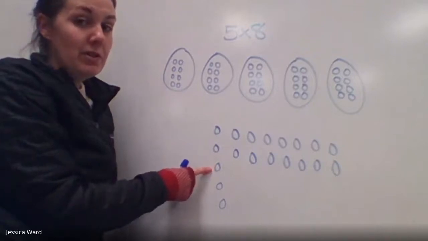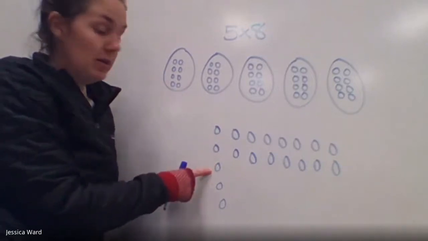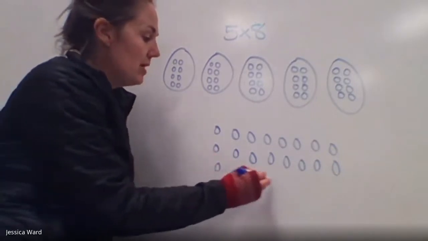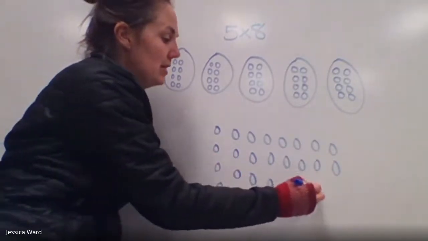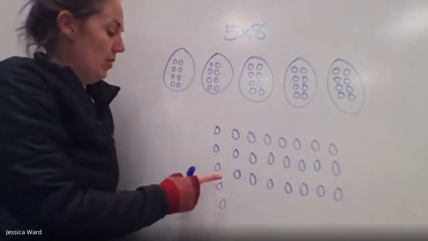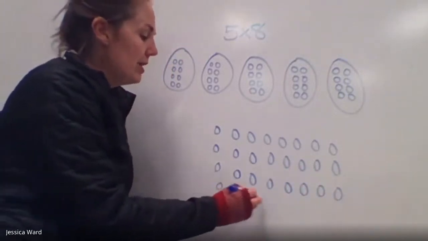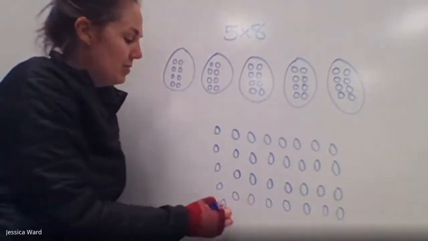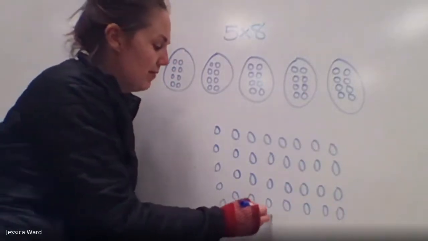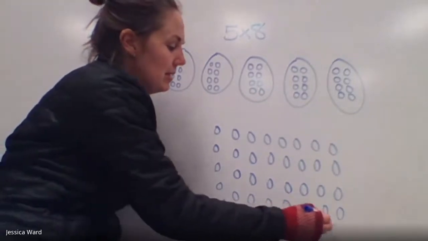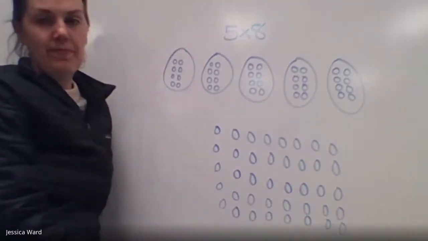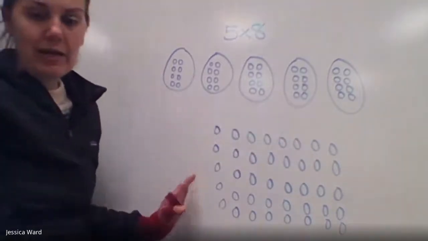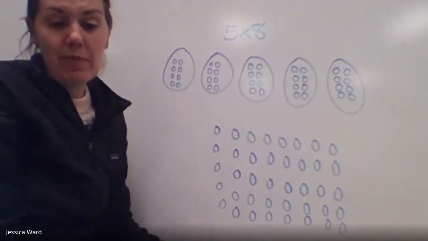Remember that the first one, you're including it in your count. So I have 1, 2, 3, 4, 5, 6, 7, 8. 1, 2, 3, 4, 5, 6, 7, 8. And my last row, 1, 2, 3, 4, 5, 6, 7, 8. So either as equal groups or as an array, you should have one of these for your picture for part A.